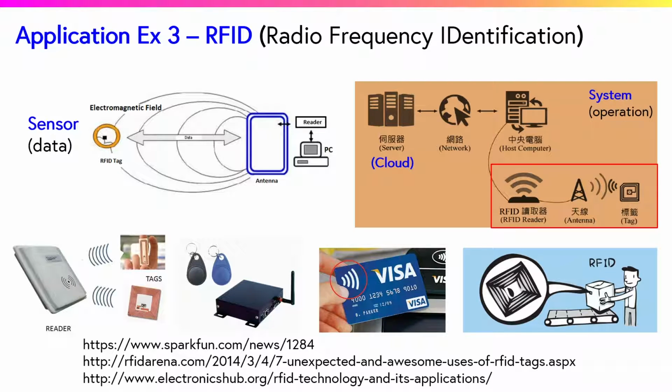Based on this energy, the tag gets energy to send the data out. Every time the reader tries to read the data of the tag, it just emits signals. Once the tag receives the signals, the data will be sent out. The energy is basically provided by the reader, so the tag basically has no power.